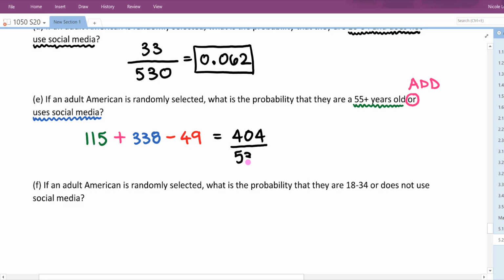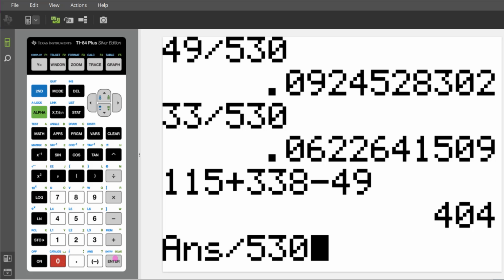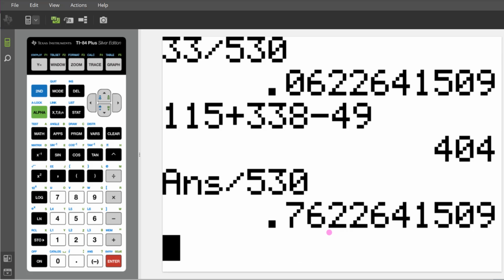Some people sometimes forget to divide because they've done all this work of adding and subtracting. Remember that you're finding a probability. Probabilities are between 0 and 1 inclusive, so always divide by the total of 530 in this case. Rounding to the third decimal place, we end up getting 0.762.